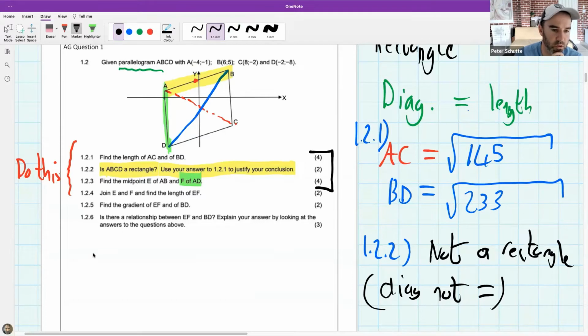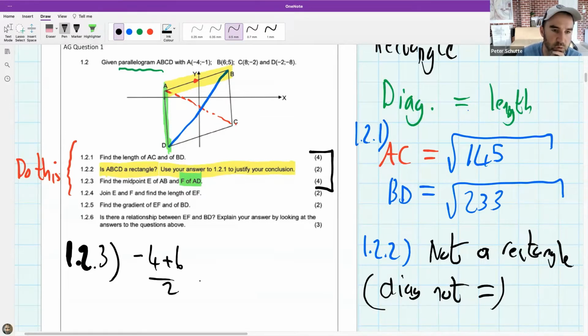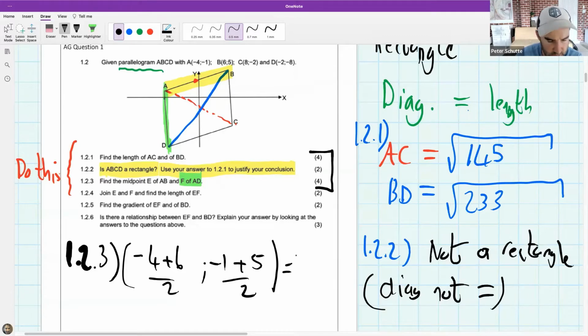And so in order to find 1.2.3, we need to find E, so minus 4 plus 6 over 2 is the x part. And then minus 1 plus 5 over 2. And so E should be 2 over 2, 4 over 2, which should give you 1, 2.